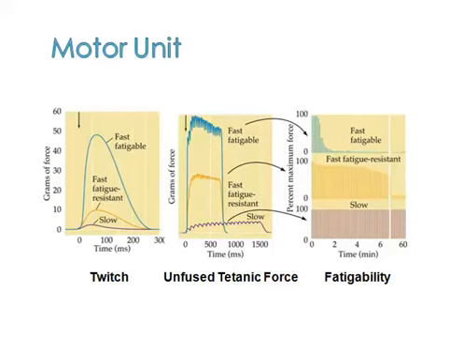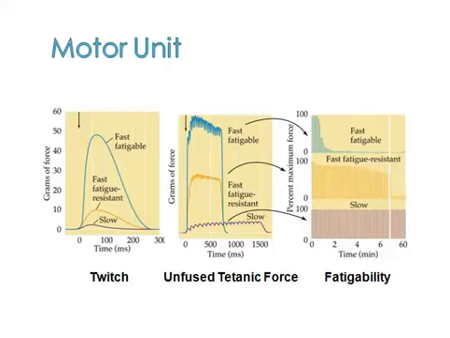So here's an example that shows us some of the differences in the three motor units in terms of their functional capacity. Twitch is a reference to the amount of force that a motor unit can generate after one brief action potential, or one brief impulse or stimulation. The fast fatigable, again, is type 2B.